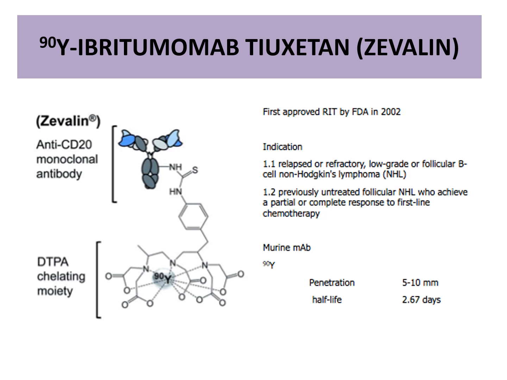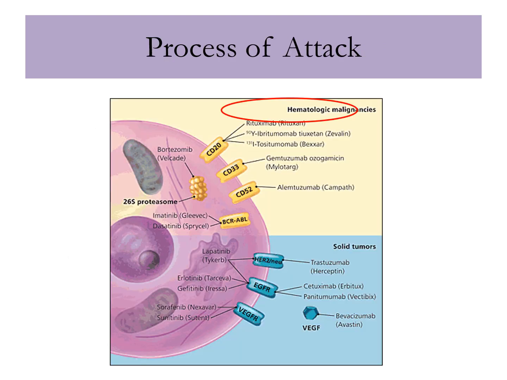It uses a murine monoclonal antibody with yttrium-90, with a penetration of about 5 to 10 millimeters and a half-life of 2.67 days. We have this DTPA as a chelating moiety to chelate the yttrium-90 to the monoclonal antibody. And this is the schematic diagram of how it attacks in the body.